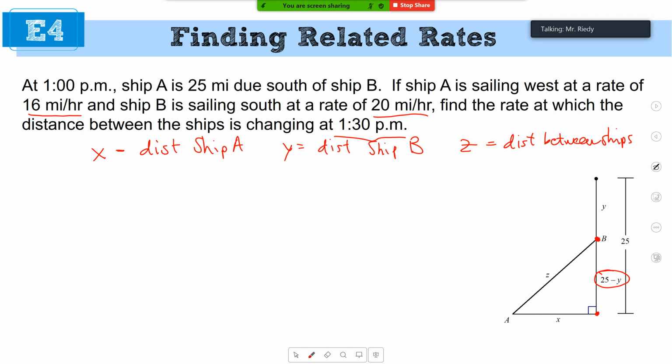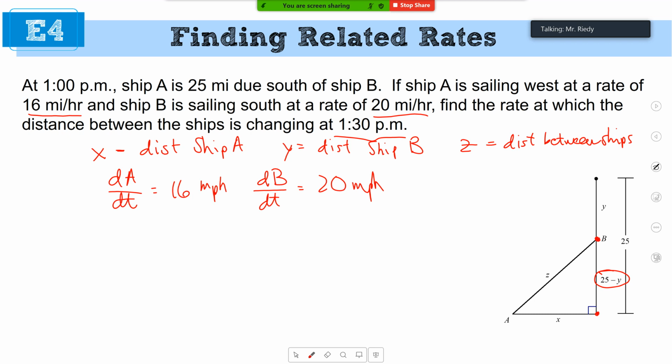Step 3. What do I know? What am I looking for, right? Okay, I know that dA/dt is 16 mph. I know that dB/dt is 20 mph.